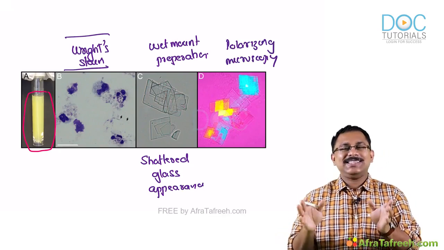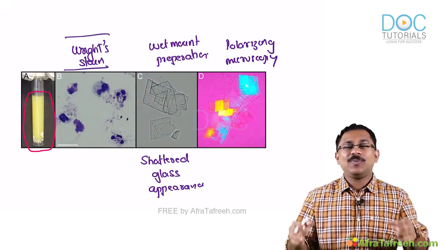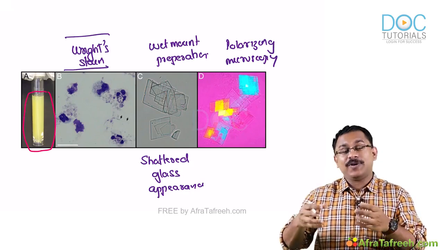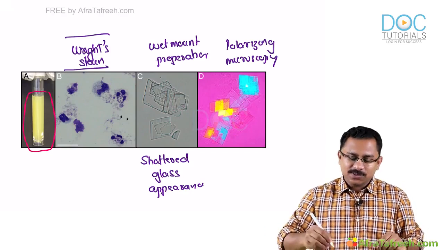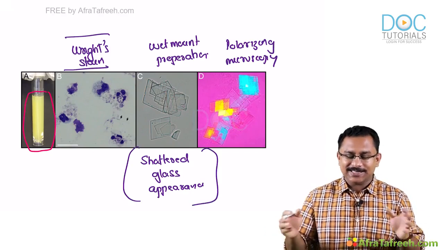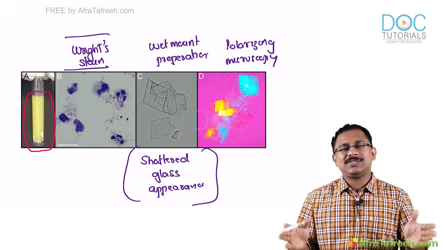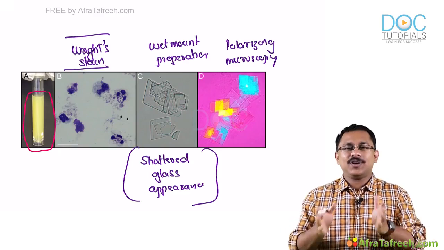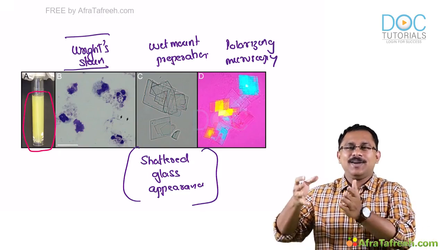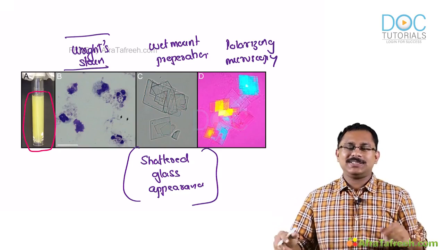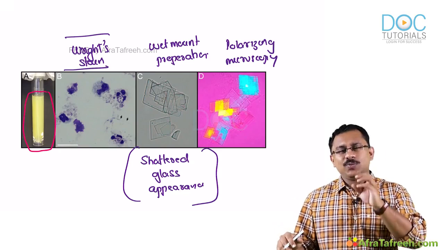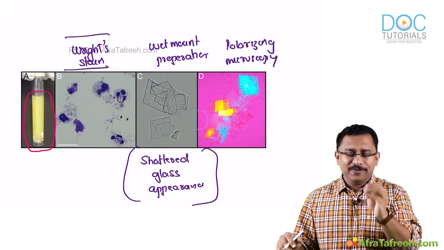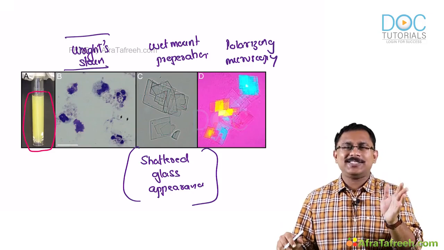So all this is suggestive of cholesterol crystals. Okay, that is what causes this shattered glass appearance, and this case was a case of rheumatoid arthritis having pleural fluid cholesterol crystals.